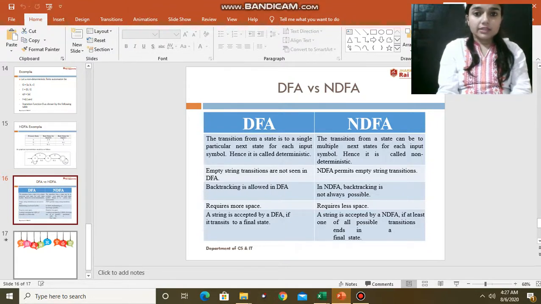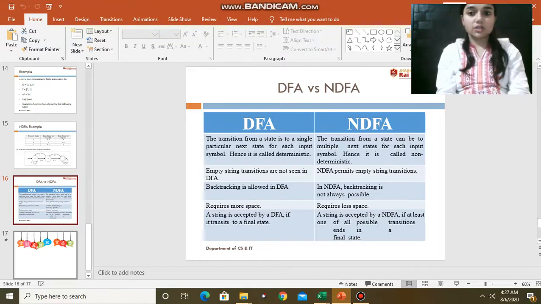In DFA, the transition from a state is to a single particular next state for each input symbol. Hence, it is called deterministic. And in NDFA, the transition from a state can be to multiple next states for each input symbol. Hence, it is called non-deterministic.